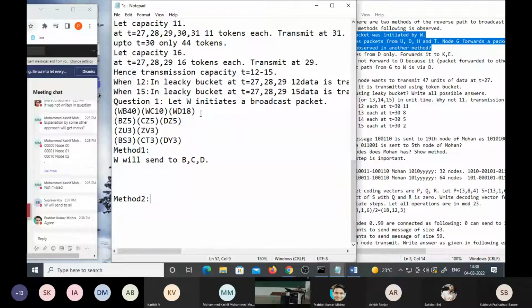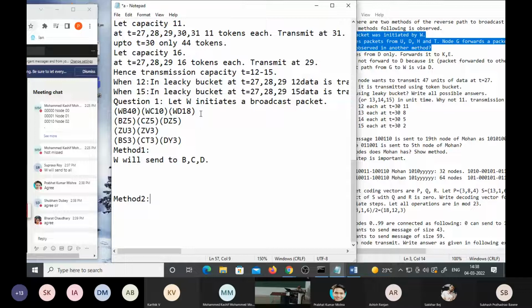Yes. Simple. Now, Bharat agrees. Others should also do it. Method 1 and method 2. Karthik agrees.